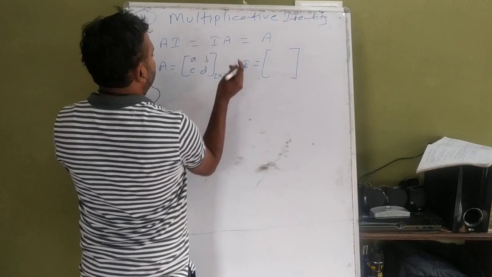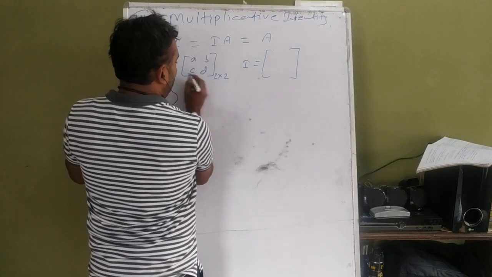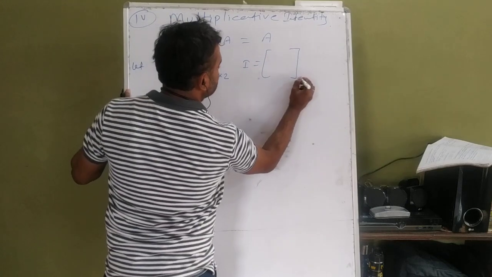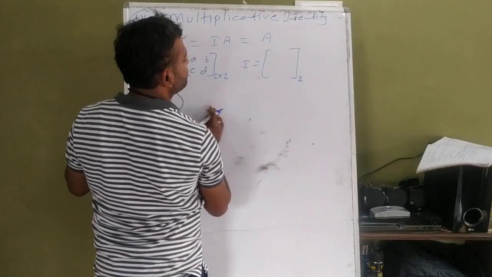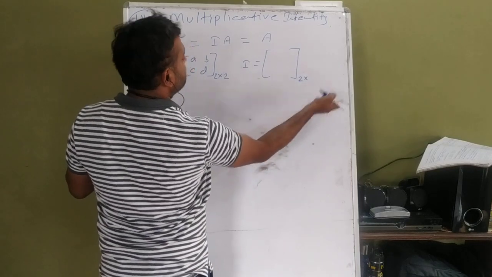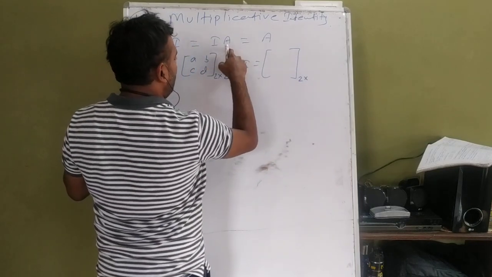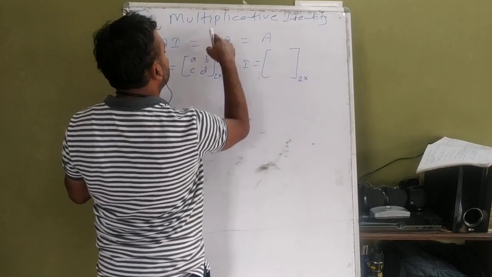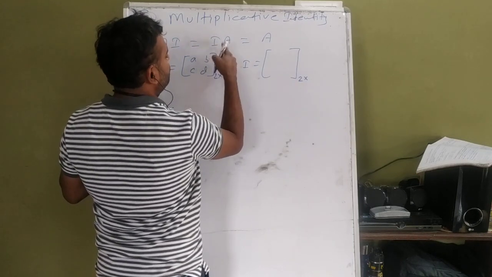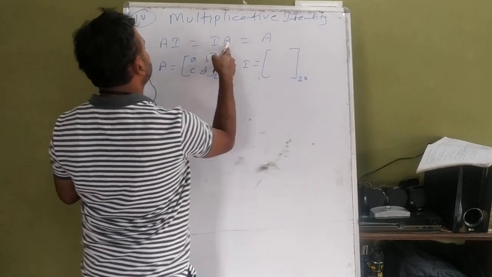For the product AI, the column of the first matrix must be equal to the row of the second matrix, so it must be 2. There is also another criterion: the product IA should also be possible.